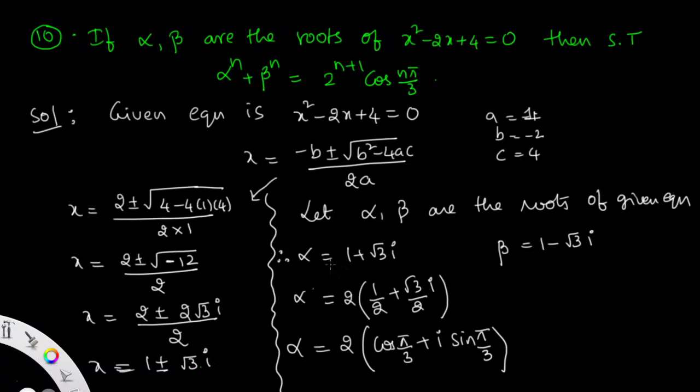Now going to alpha to the power of n, first write alpha, that is 2 into cos pi by 3 plus i sin pi by 3.